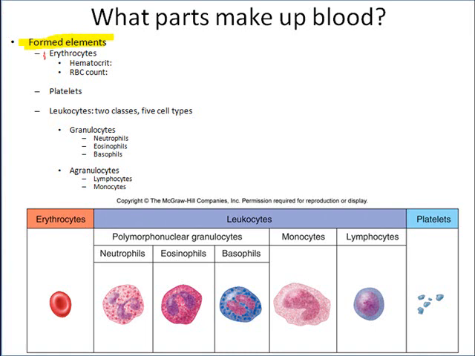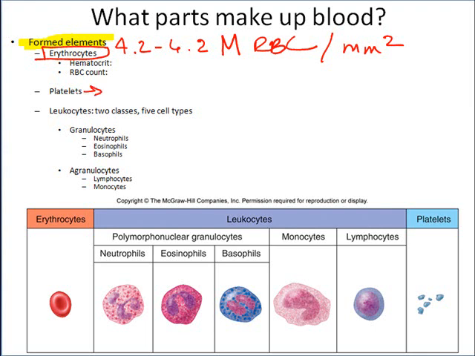The most common by far and away are the erythrocytes, or red blood cells, and they account for somewhere around 4.2 to 6.2 million red blood cells per cubic millimeter of blood. So they are by far and away the most common component.